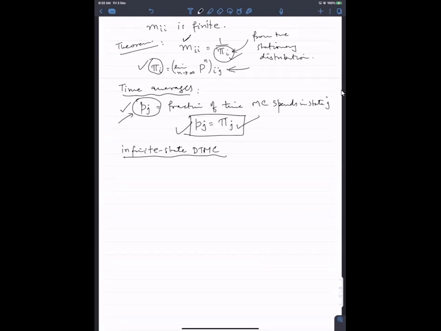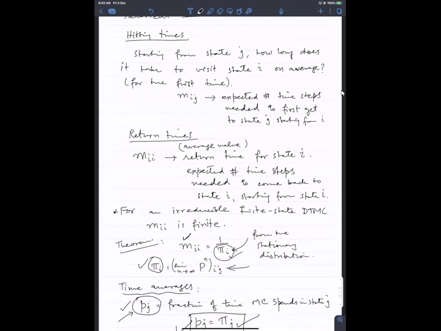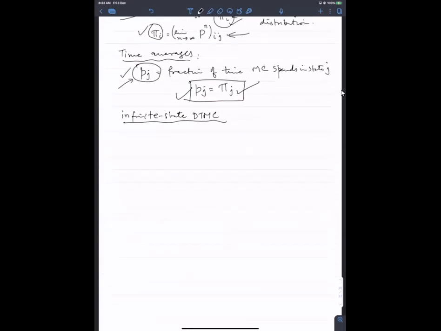That means it's irreducible and aperiodic. For infinite state Markov chain, discrete time Markov chain, I also want the Markov chain to be positive recurrent. Okay. And to define that, let's consider the arrival and departure rates of the FIFO queue, first in first out queue that we studied earlier.